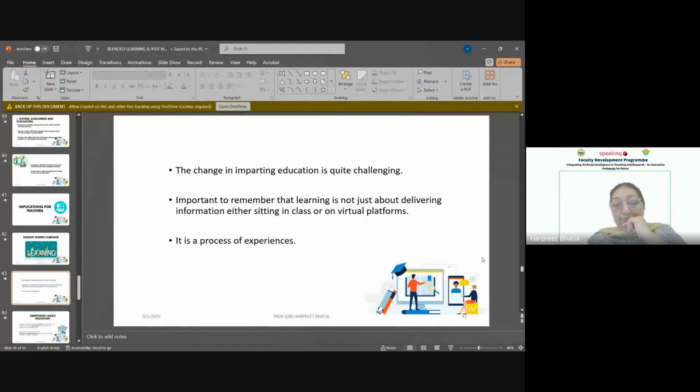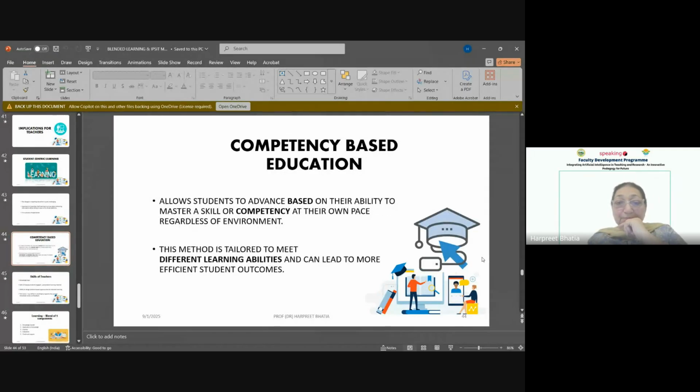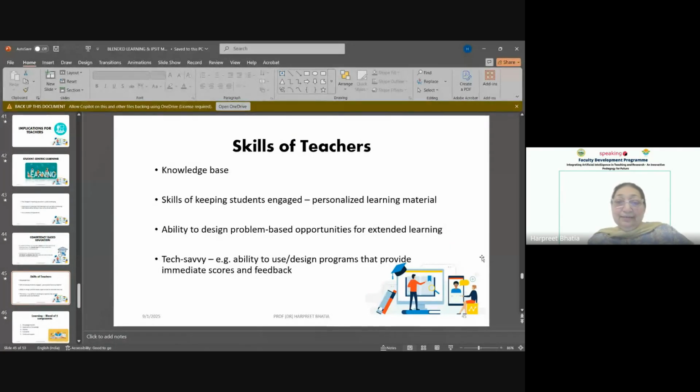And it's important for us to remember that we are not just delivering information, we are helping the student to learn. We need to remember that all the students have different learning abilities, and we need to lead rather than impose information upon them. And knowledge base, I don't think I can underline that enough.